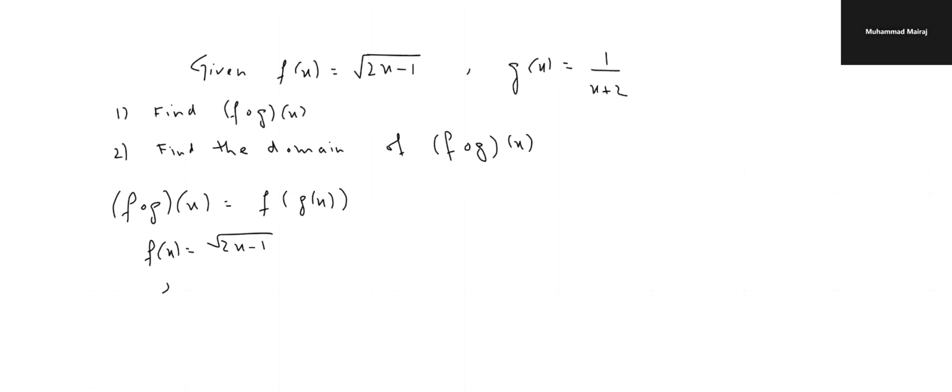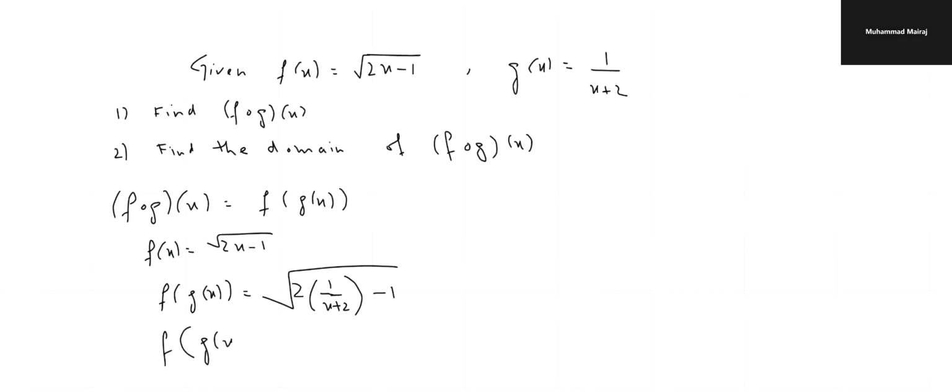So f of g of x is equal to the square root of 2 into 1 divided by x plus 2, minus 1. So that becomes the square root of 2 divided by x plus 2, minus 1.